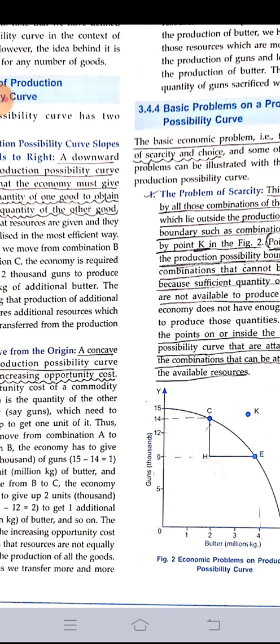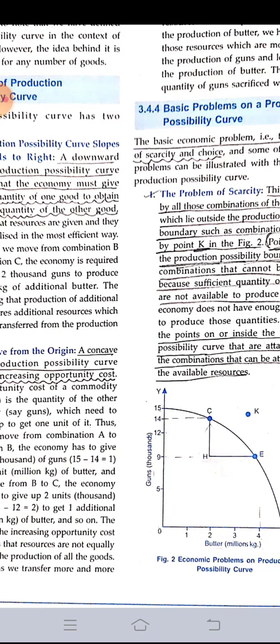In order to get 1 unit of butter, the country was sacrificing 1 unit of gun. Again, in the second combination, as the country sacrificed 2 units of gun, they produced 1 additional unit of butter. This is the example we found in our previous video.